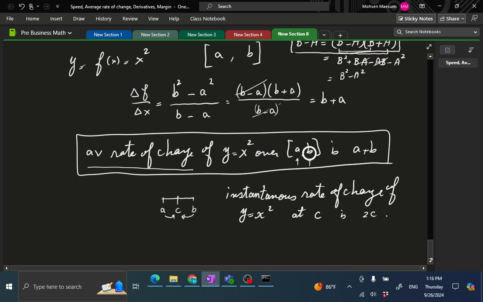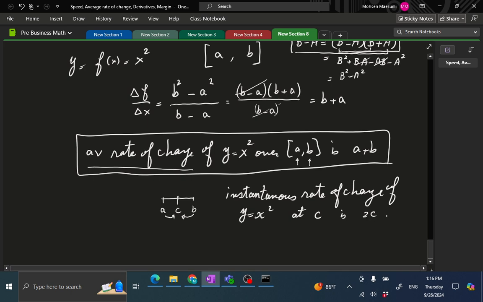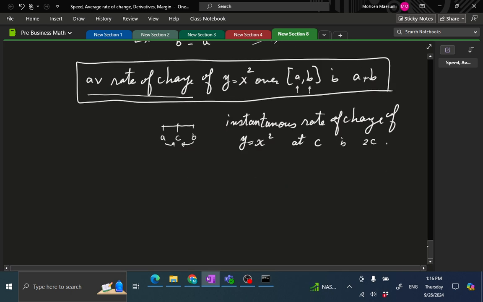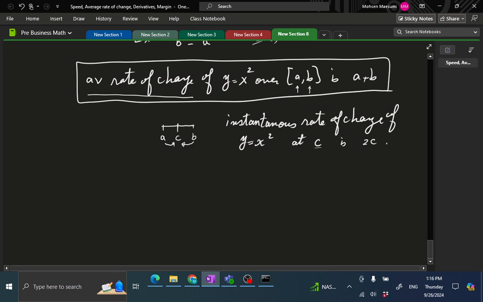So if A and B, both of them are close to C, then A plus B is close to 2C, and that is what we call the derivative. Another way of packing the same information, instead of bringing in one more letter, we just stick with our original x.